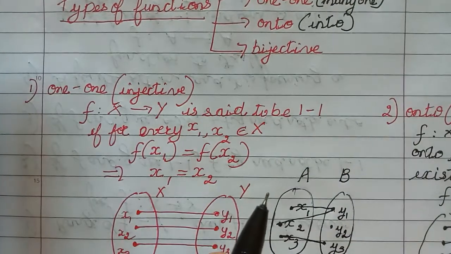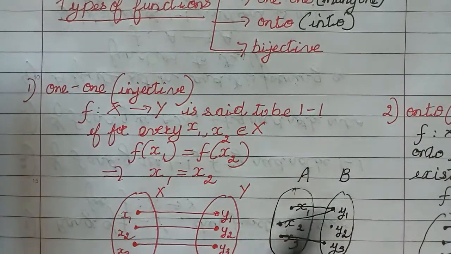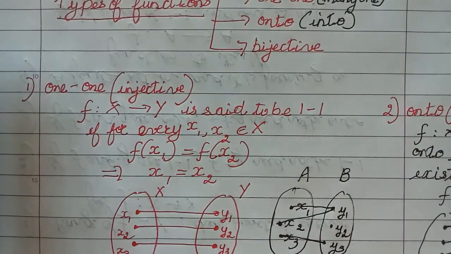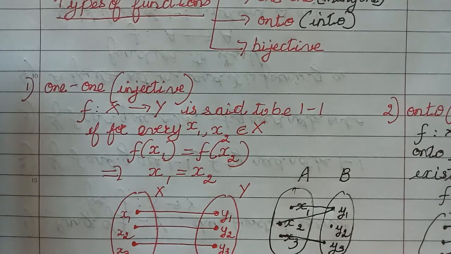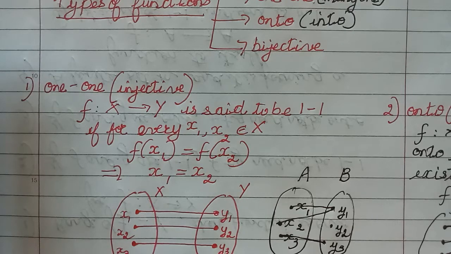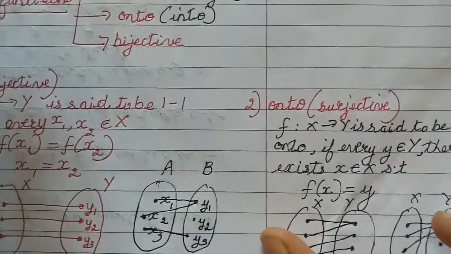And how does it become injective? It becomes injective if two elements cannot have the same image. If they have the same image, then the elements should be the same. Now what is the definition of onto function?